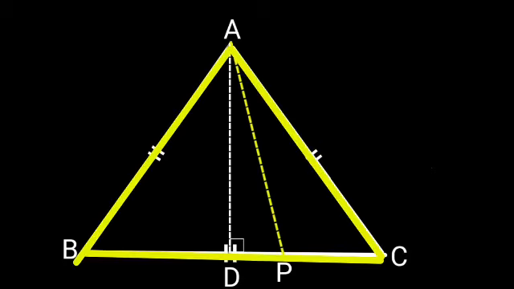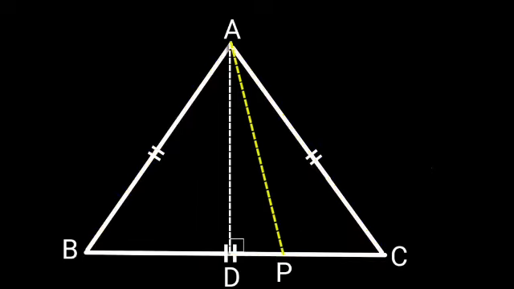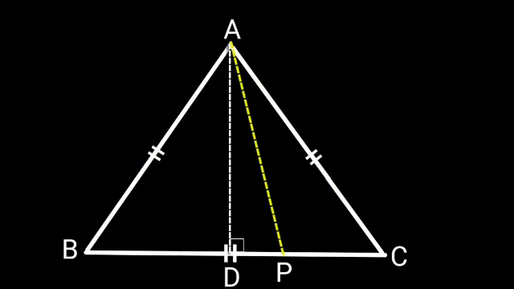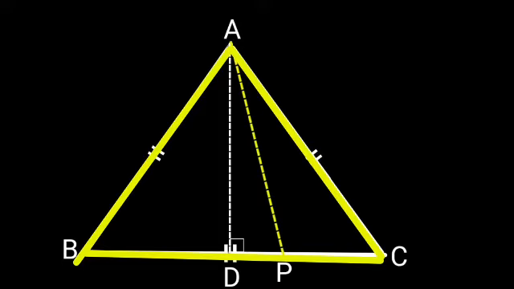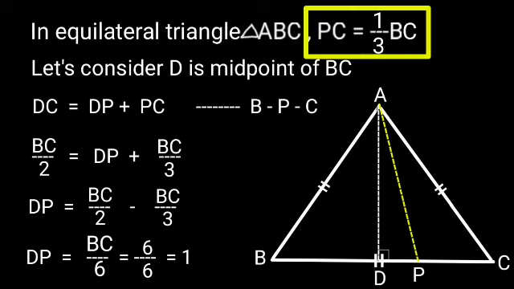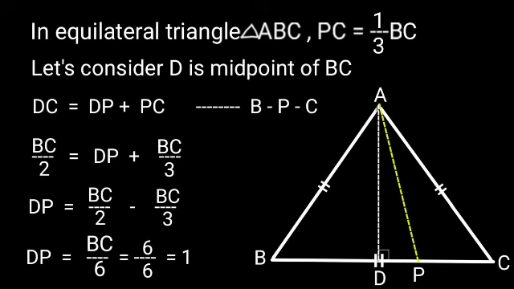AC is equal to BC, and we are given the side is 6 cm. In equilateral triangle ABC, PC is equal to 1/3 of BC. Let us consider D is a midpoint of BC.